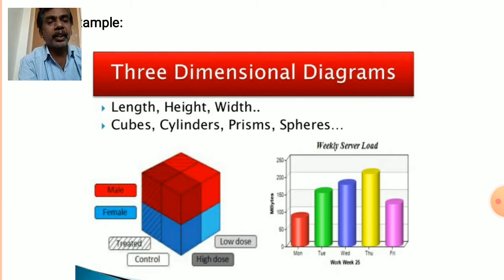Therefore, we can show the statistical data by dividing the data into various segments or parts, and each segment shows the statistical data. These diagrams represent the data to all people, and they can easily understand it.